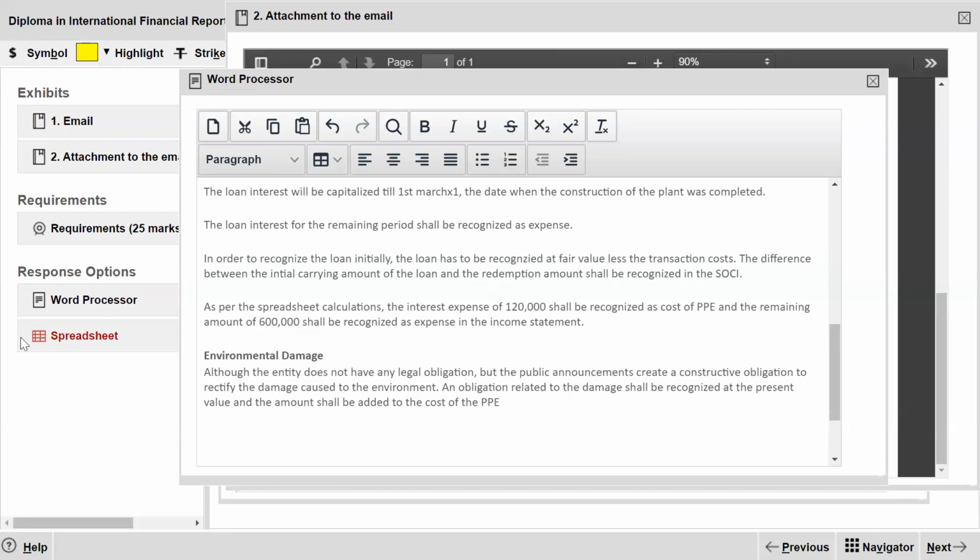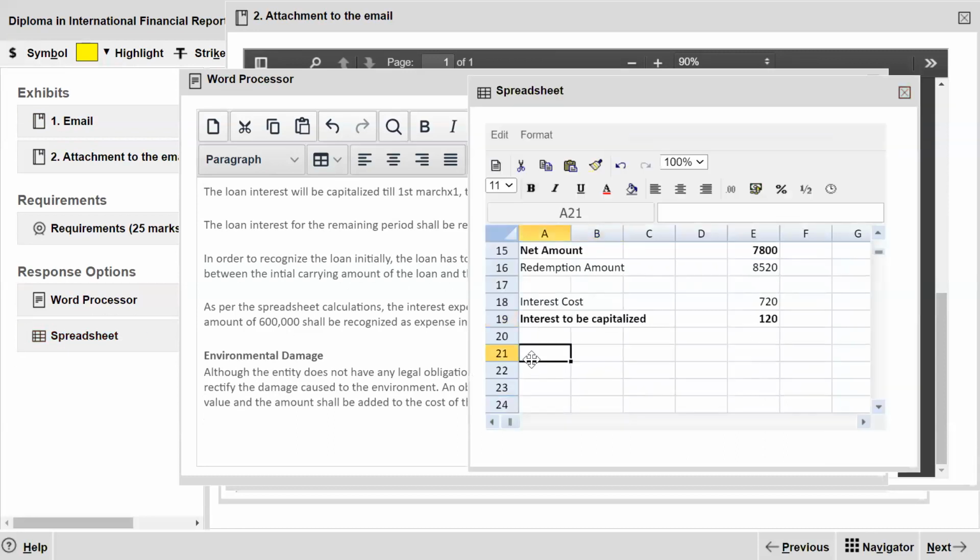Right now, what next is there? So if I could just try to say the environmental damage provision.